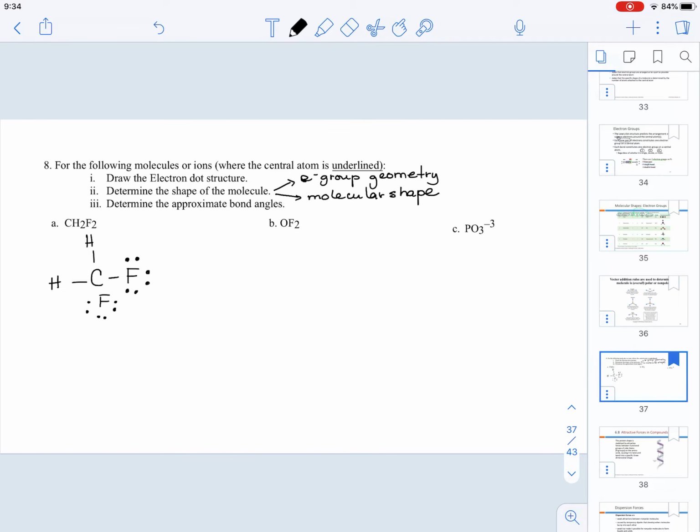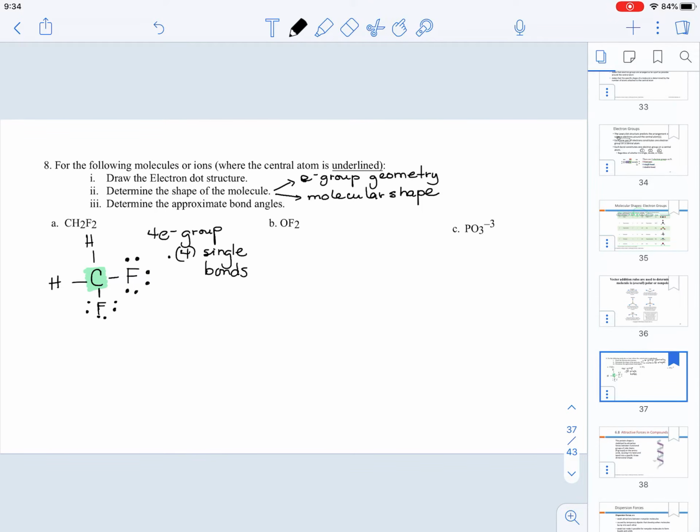So as you can see, if we focus on the carbon, this carbon atom has 4 electron groups. 4 electron groups come as 4 single bonds. Let me just redraw this fluorine so it's a little bit more obvious.